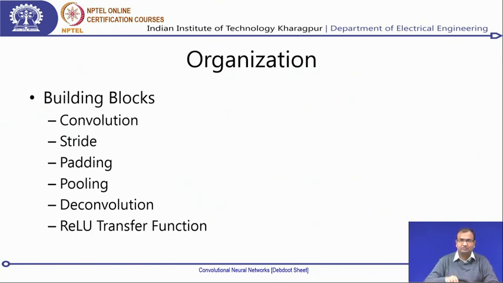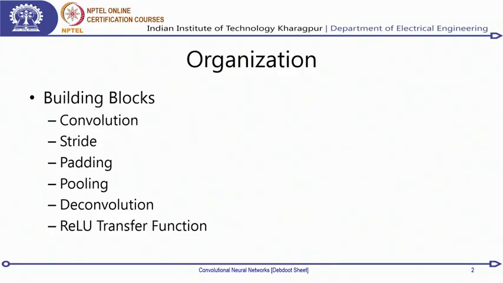Stride is basically like taking a stroll: what is the length of your foot distance, the physical length after which your foot falls down. That's what a stride is in convolutions also, because you will be moving a kernel over an image. Then come the concepts of padding, pooling, deconvolution, and ReLU as a transfer function.